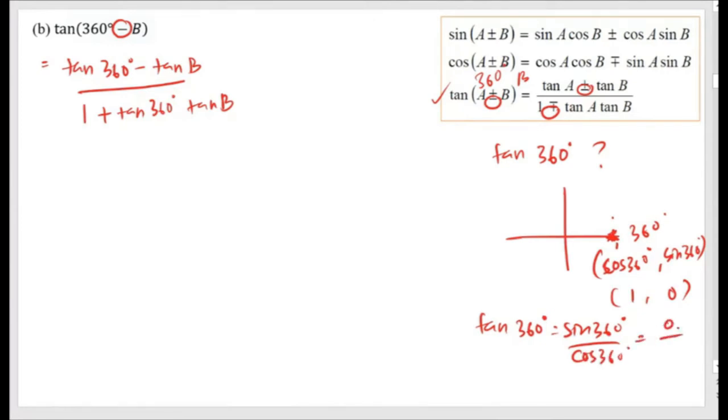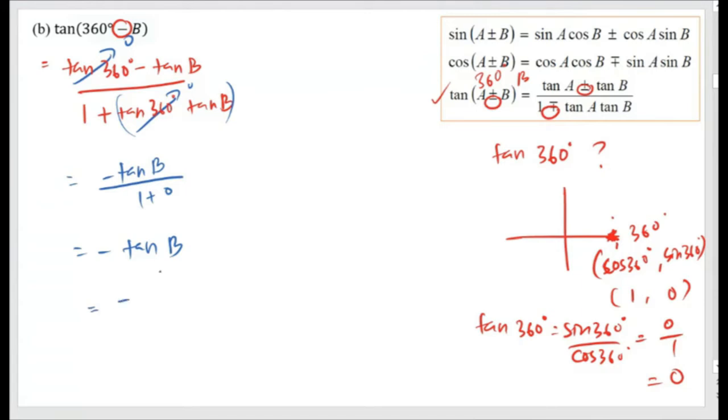Sine 360 is 0, cos 360 is 1, so it's 0. No need to do more. So we'll get negative tangent B over 0 multiply any value. This one will become 0 also, all becomes 0. So it's 1 plus 0. So negative tangent B. So the answer is negative tangent B.